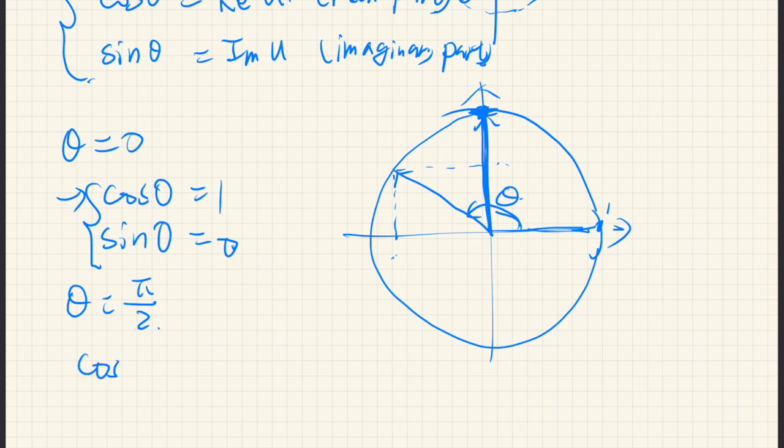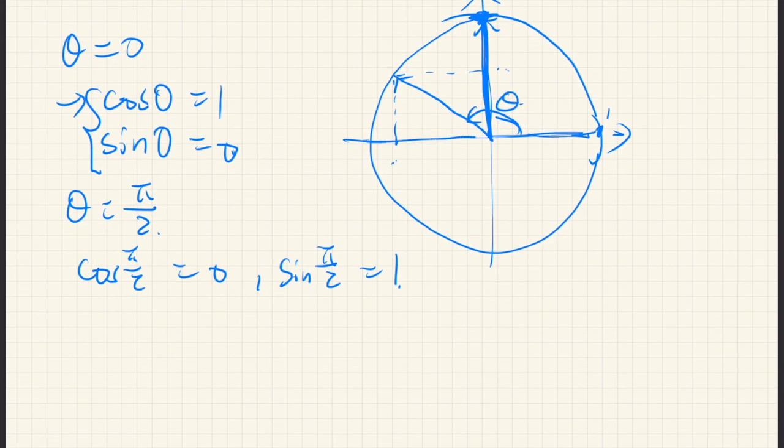So cosine pi over 2 is 0 and sine pi over 2 is 1. Okay, what about this? When the principal argument is pi, then cosine pi, as you can see, is negative 1, and sine pi is 0.